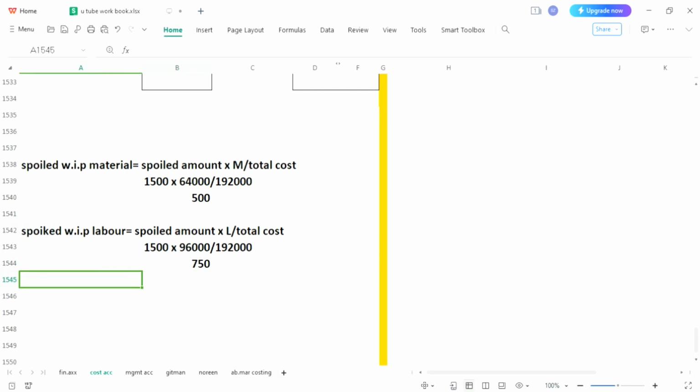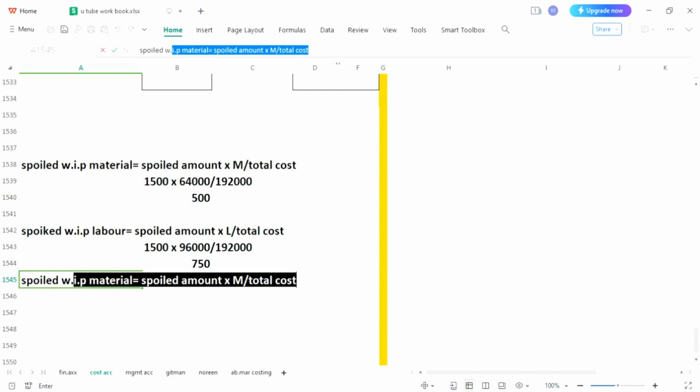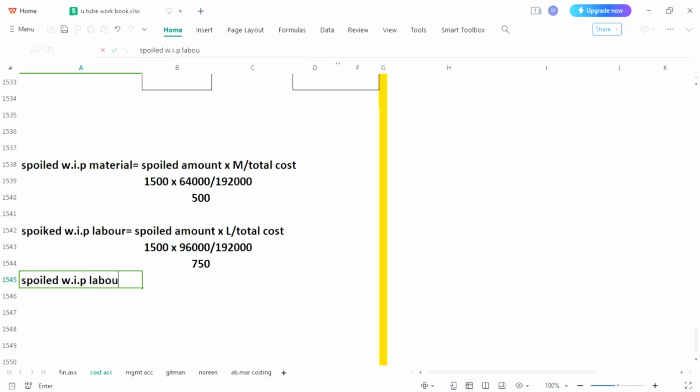Now we will calculate spoiled work in process, but for labor, for FH. And how will we calculate? Again, spoiled amount would be the same, and it would be multiplied by capital F and divided by total cost. Total cost would be the same.